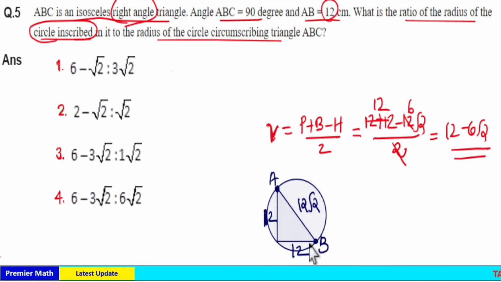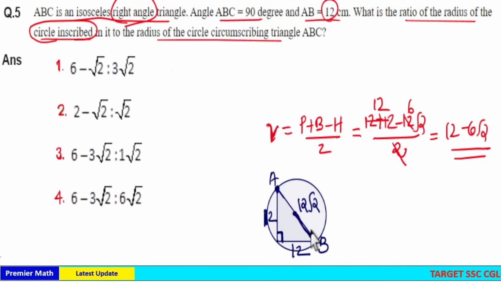Now this chord AB creates 90 degree with the remaining part of the circle, which means chord AB is diameter of the circle. That is, diameter of any circle creates 90 degree with the circumference of the circle. So here AB is diameter of the circle.